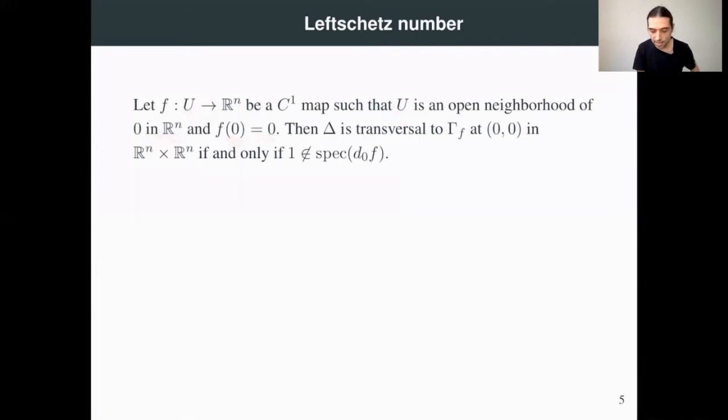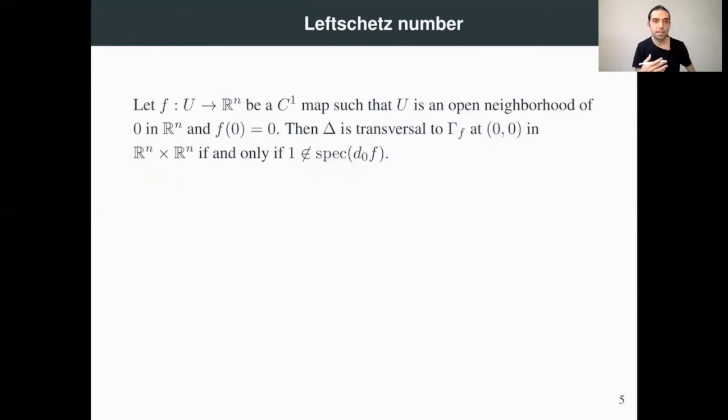Okay, then the diagonal is transverse to the graph of F at (0,0), in the space Rn times itself, if and only if 1 is not an eigenvalue of the differential of F at 0.